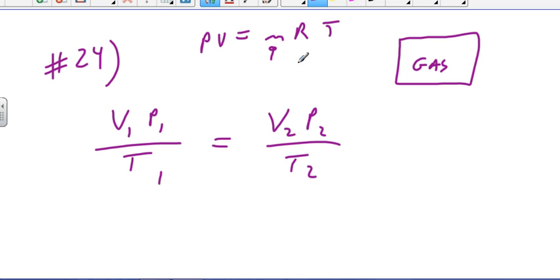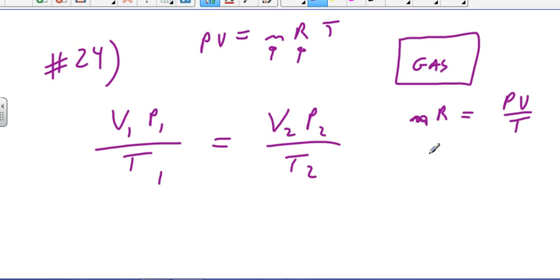N is the number of moles I have. R is a gas constant. So nR is equal to PV over T. So the pressure, the volume, and the temperature of a gas sample, if I perturb any of them, then they all have to change. But because PV over T is a constant, the number of moles I have times a gas constant, I have to get the same thing when I get out.